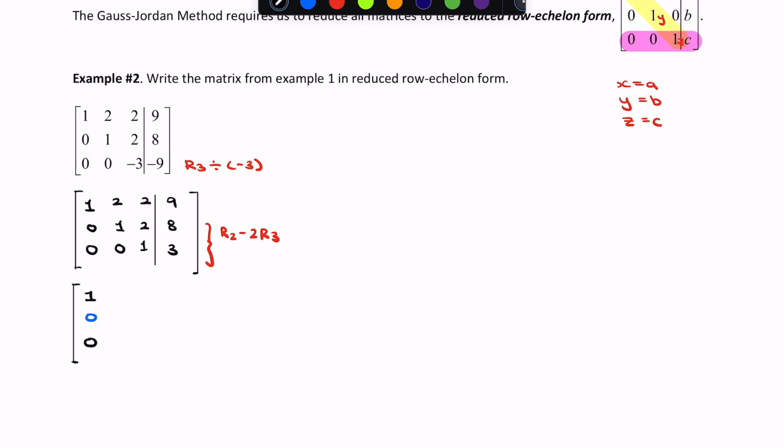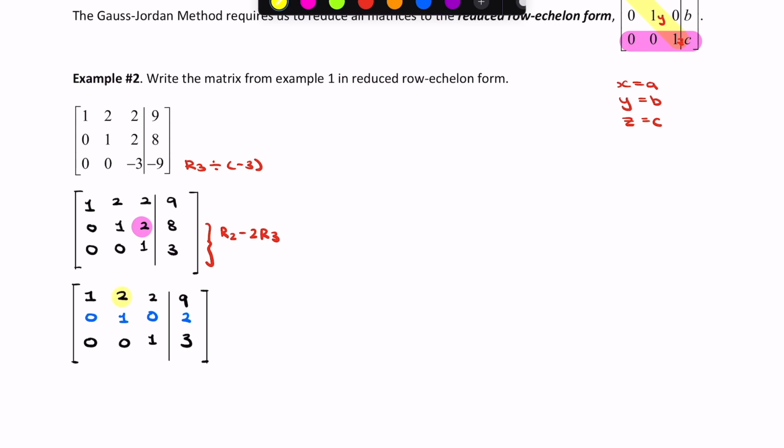And then we have 2, 1, and 0. And we have 2, 0, and 1. And 9, 2, and 3. In this one, we simplified that 2 value to make it 0.